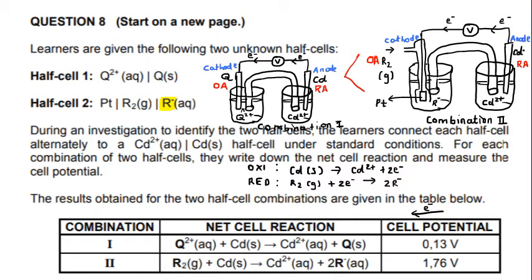Obviously you can't compare cadmium to cadmium, but this R2 oxidizing agent is a stronger oxidizing agent than this oxidizing agent Q. We are given the E0 cells for both combinations, so we can easily identify what Q and R are through calculation, and we'll do that soon.